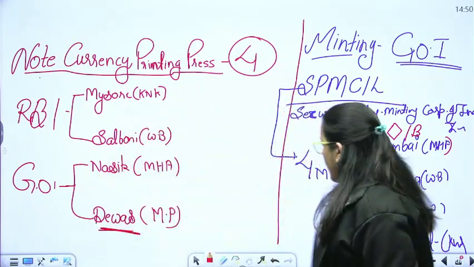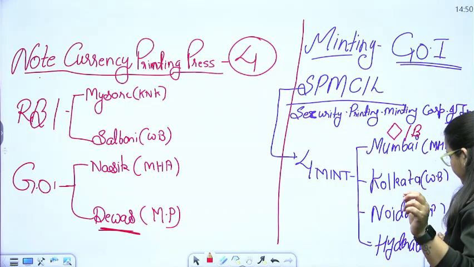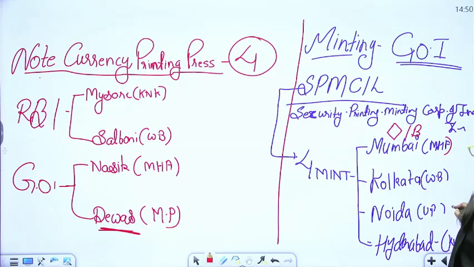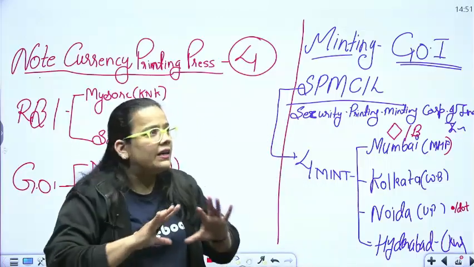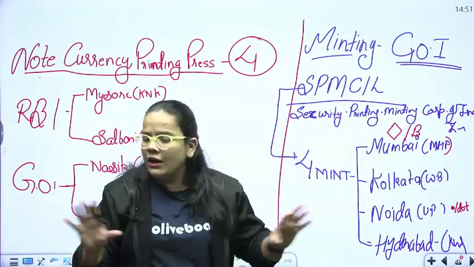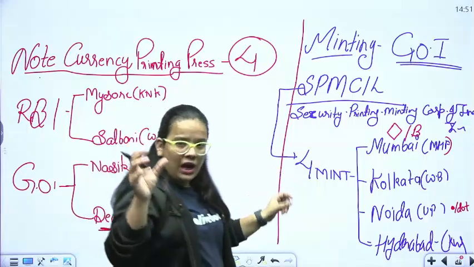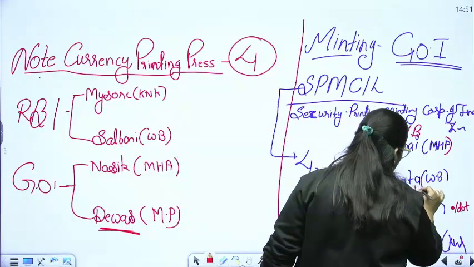No? Okay. If a particular coin is minted in Noida, it has simply a dot as a symbol. Okay, if a particular coin is minted in Kolkata, typically it doesn't have any symbol, so no symbol below the denomination.